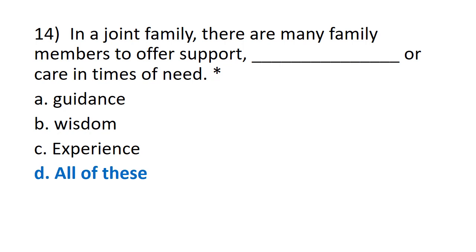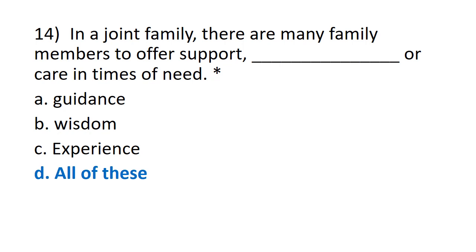Now in a joint family, you live with your parents, your grandparents, your uncles, aunts, all living together, right? So when you live together, you definitely get guidance from your family members, right? And wisdom. What is wisdom? Wisdom is the ability to make sensible decisions and judgments because of your knowledge or experience.